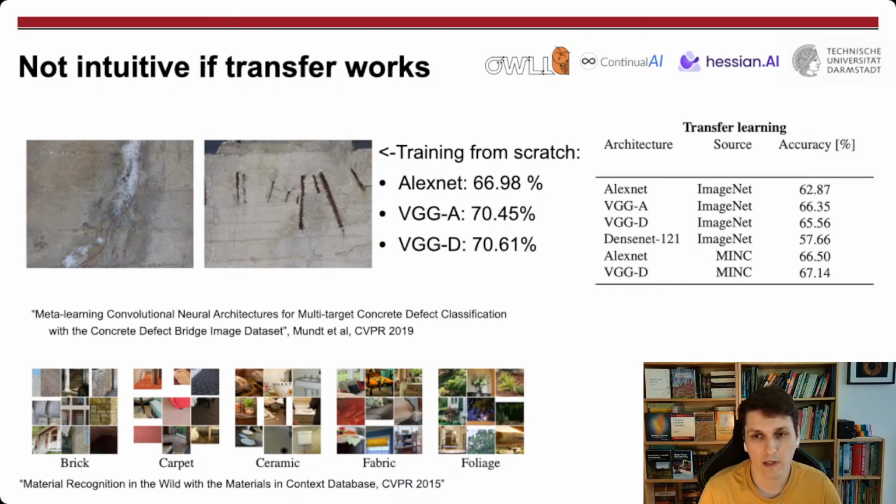So I'm giving you here an example of my own paper, so that I can only talk about myself here and not necessarily point fingers at others. But some trap that I fell into once was that in a paper we did, we proposed a data set for concrete defect detection. So you'll see these images on the top left, where the idea is that you figure out what defects are visible in this image.